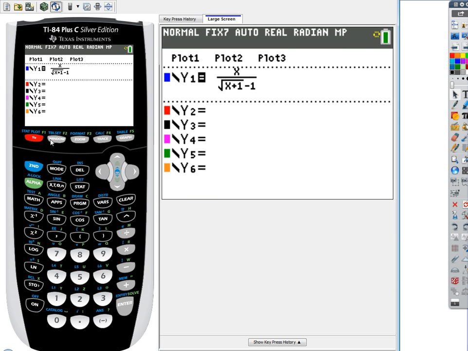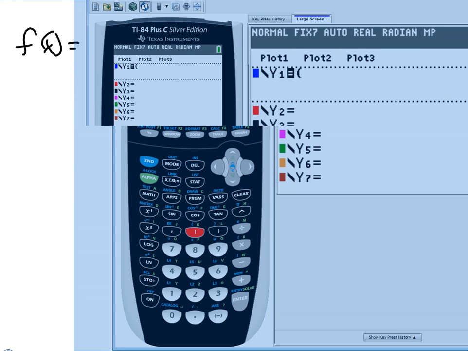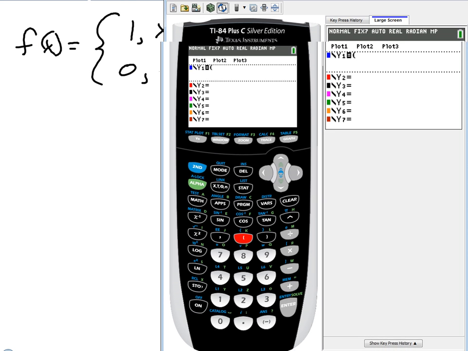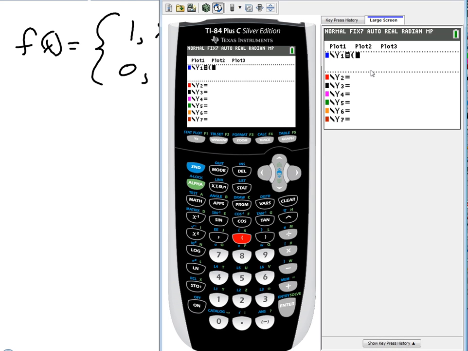We go up to y equals, and I think you put it in parentheses. You go in parentheses, we would put y equals, hang on, it was 1, I think, wasn't it? Pretty sure it was. Yeah, okay. So y equals 1.